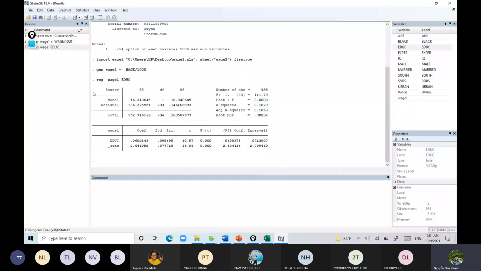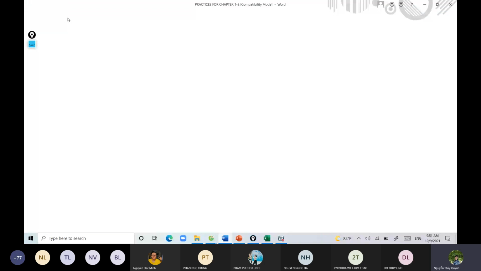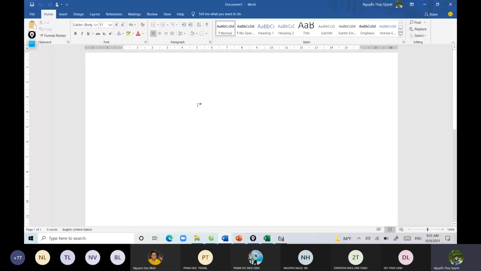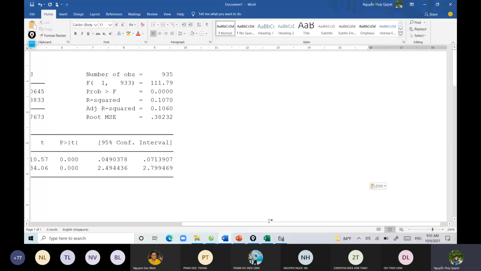I will copy it so that you can see it better. Now, okay, look at the code, new intercept and new slope. Here is the new intercept and the new slope.